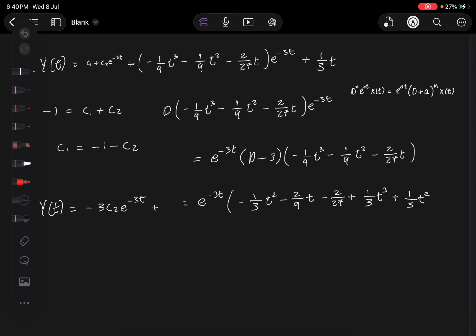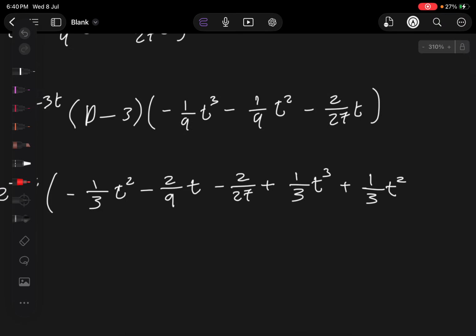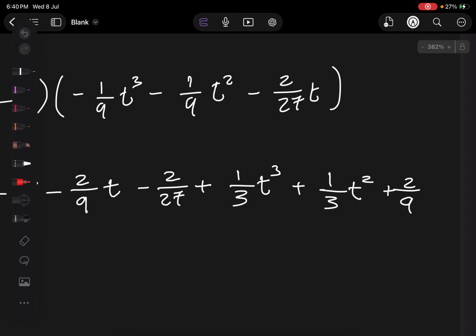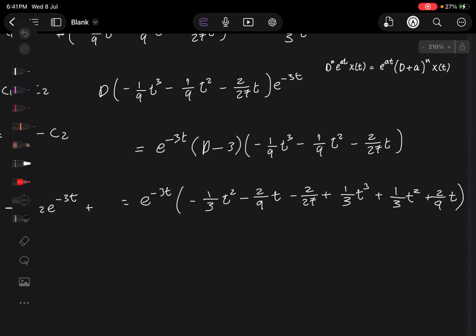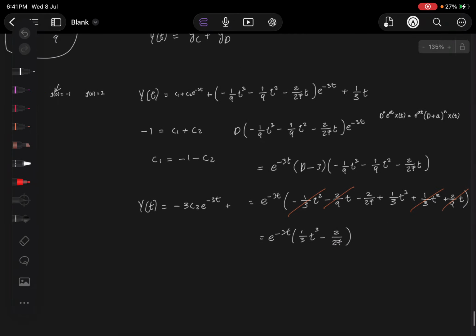And 2 over 27 times 3 plus 2 over 9 t. Let me check it. Okay. You can simplify this with this, and yeah, you can simplify this with this, and that's it. So it's e to the negative 3t times 1 over 3 t cubed minus 2 over 27. That's the derivative of this.